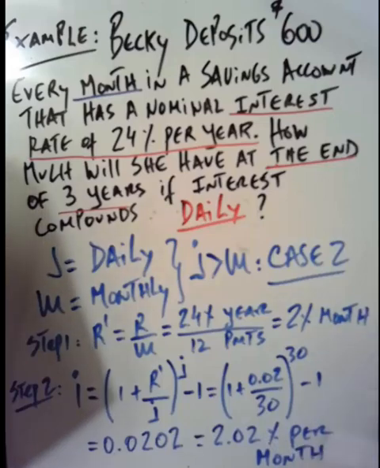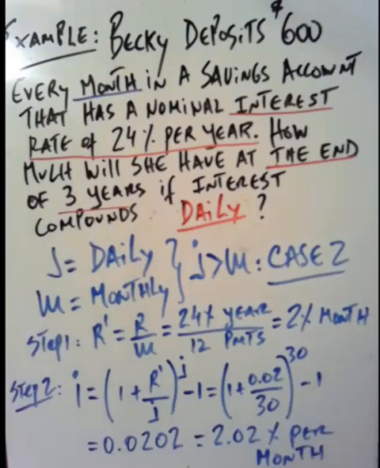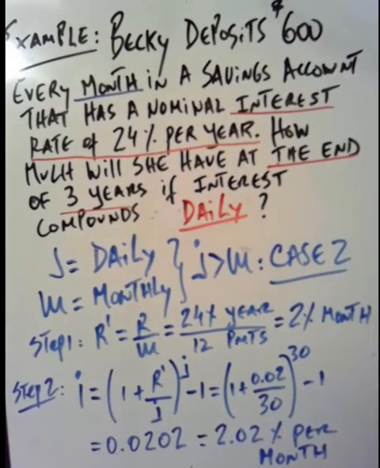And this is a very common scenario when, for example, you deal with your credit cards or any kind of financing. So we found out that the proper interest rate to use in our formulas, the I in our formulas, is 2.02% per month.